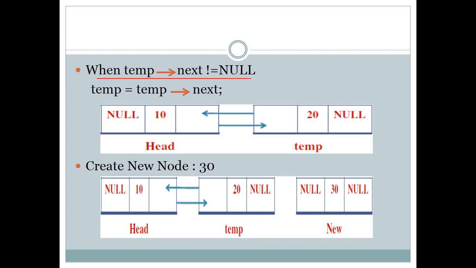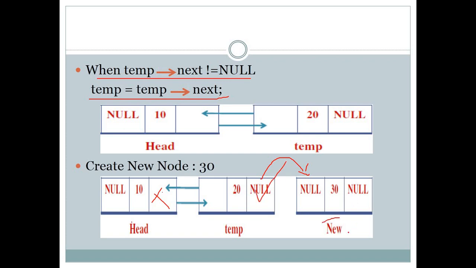While temp's next is not null, we will do temp equal to temp next. Meaning, if we want to add our node at the last position, then we will move further until our temp's next is equal to null. Here temp's next is not null, here temp's next is null, so we can add 30 here.